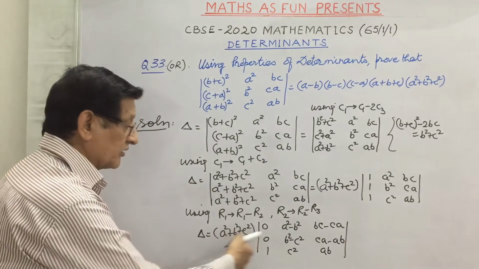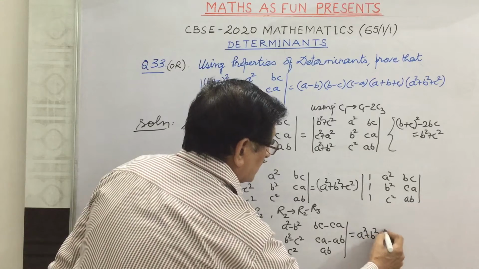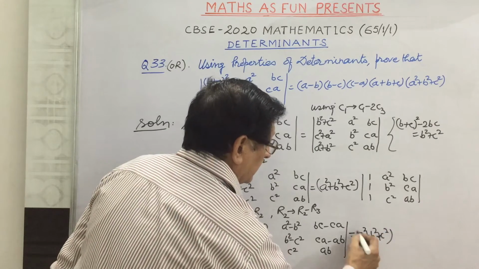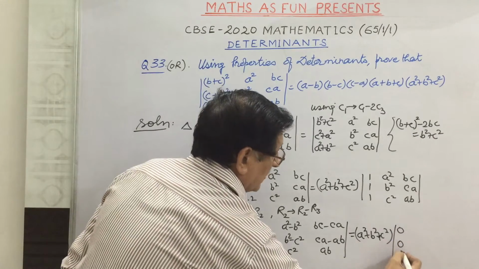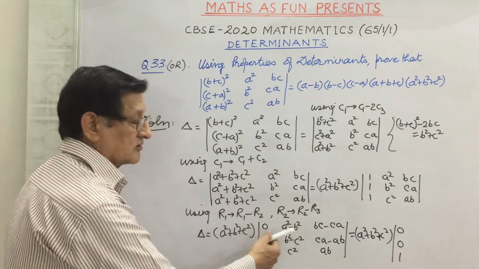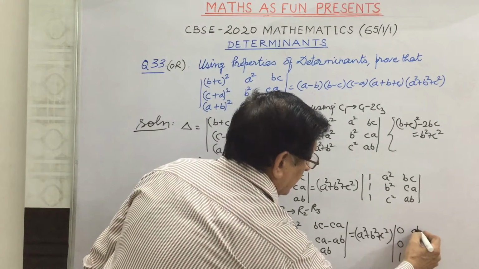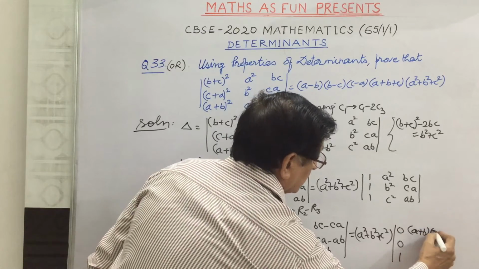Can we find the factors of it? We can write here a square plus b square plus c square into, in determinant you find 0, 0, 1 in the first column. In second column we can factorize this. We can write this as a plus b into a minus b.